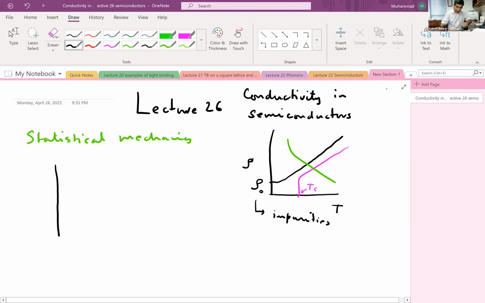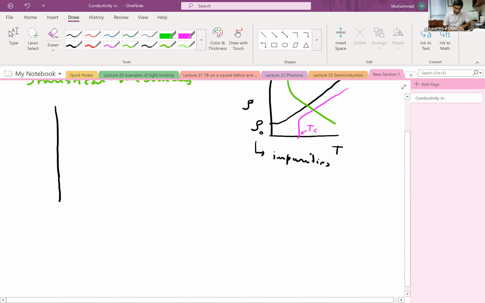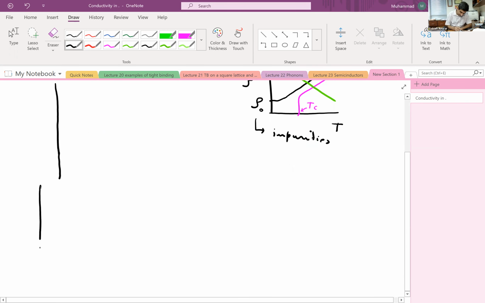So this is what I'm going to draw. So let's go a little bit further down. So I have a valence band and I have a conduction band, and they're separated by a band gap.